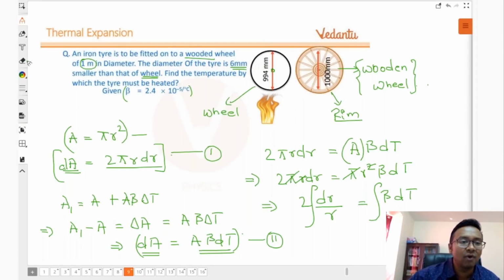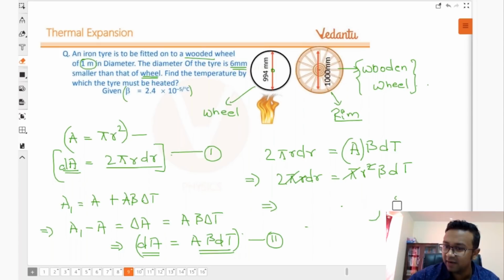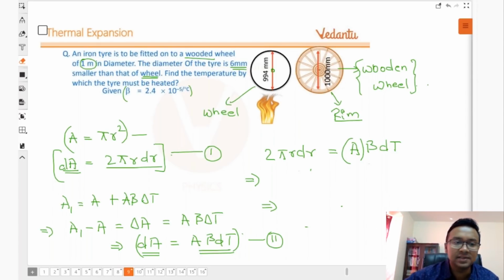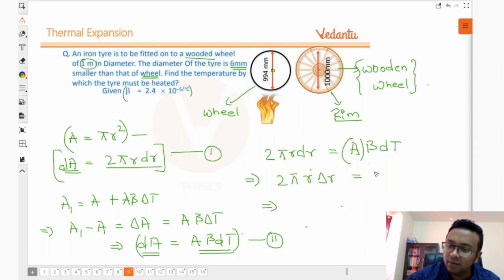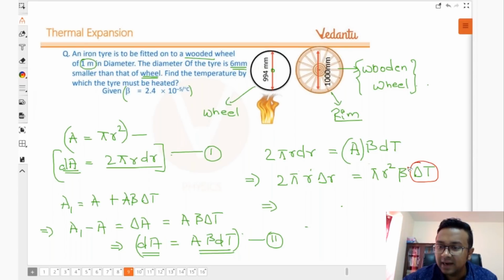What we can do is avoid all this integration as well, because they have asked us right away what is your delta T. So instead of doing all this, what I can right away do is, my dear students, 2 pi r into delta r is equal to pi r square beta into delta t. What have they asked us, students? They have actually asked us to find out your delta t. Made your life simple by removing all that integration.